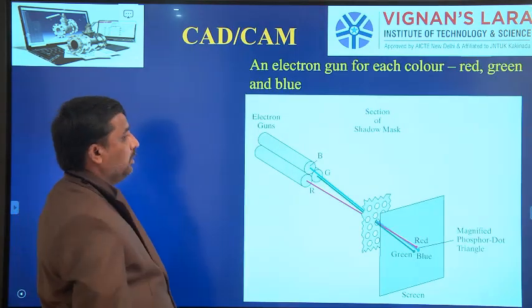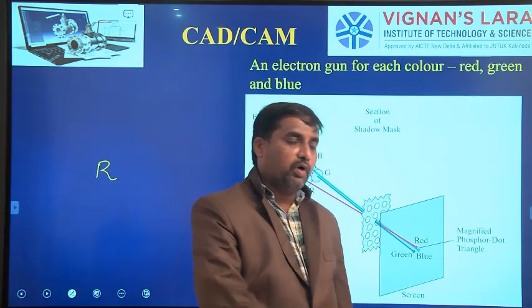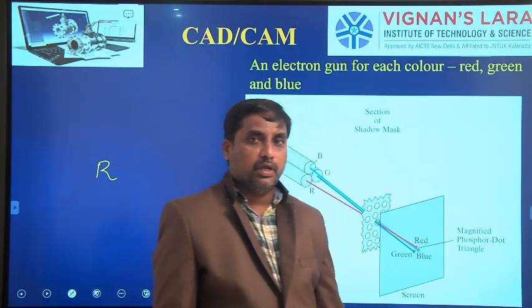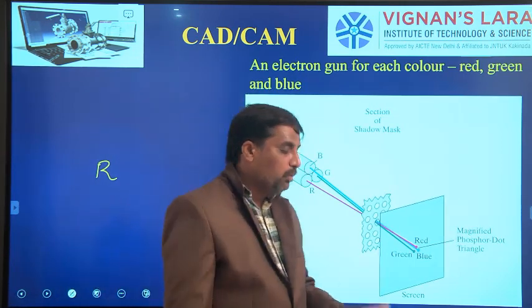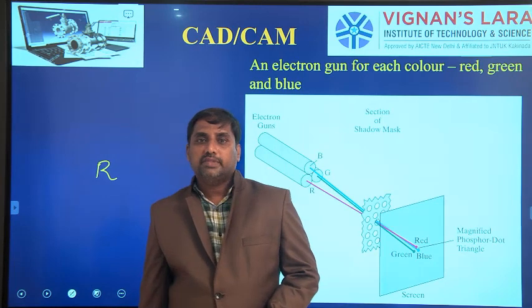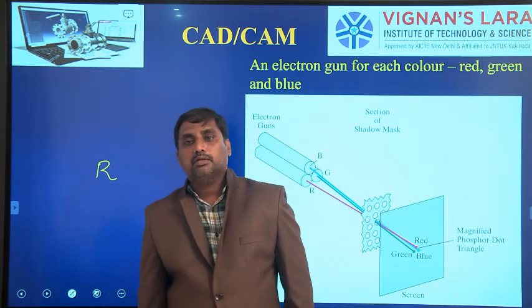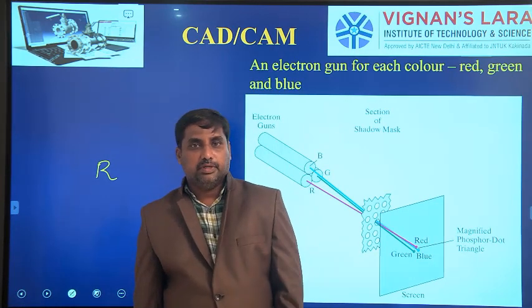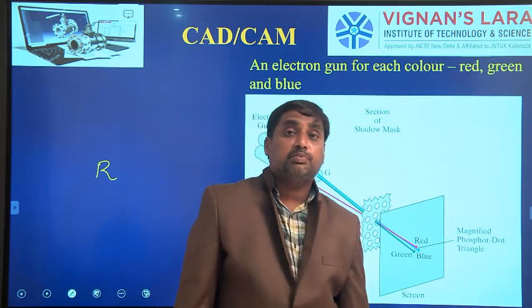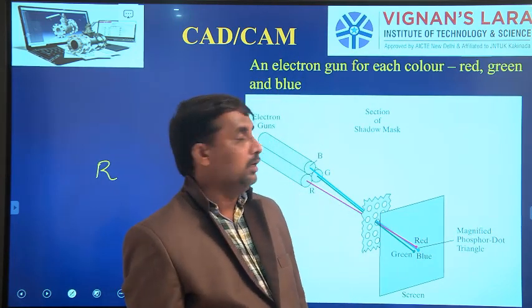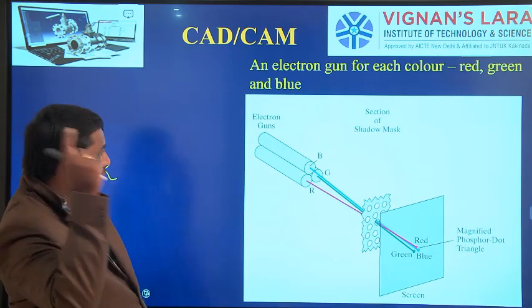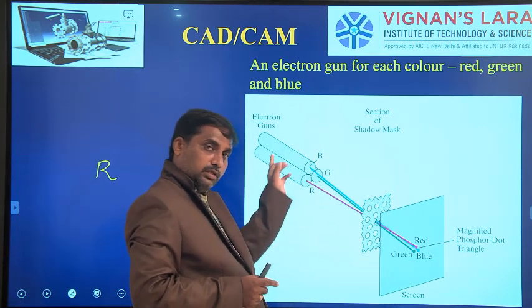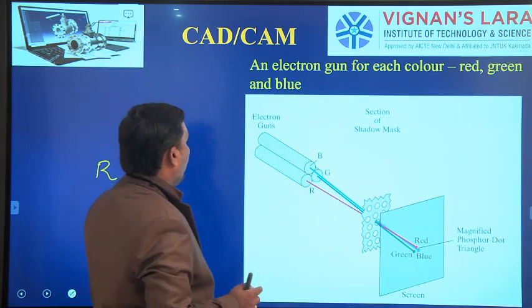So far we have discussed only one electron gun for a cathode ray tube. If there is only one electron gun, then we will have only a black and white display. Suppose you want a color display on the CRT screen, then we require at least 3 electron guns.